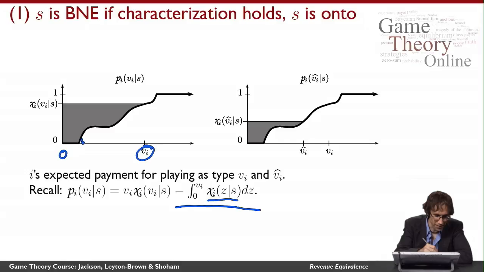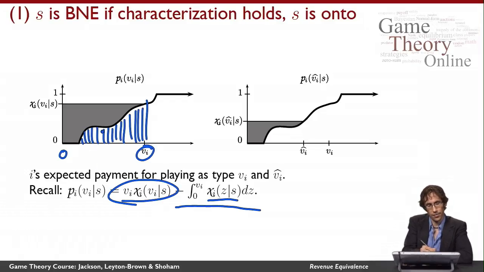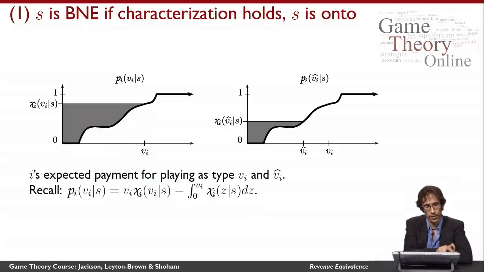So in other words, it's the area underneath this allocation curve. It's all of that. So the payment is the whole rectangle minus this stripy region here. And of course, that's the gray region that I'm showing you on the slide. So the agent's expected payment is the part of that rectangle that I showed you which lies above the curve. Well, that's kind of interesting.